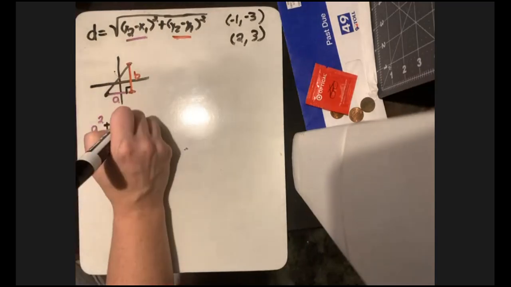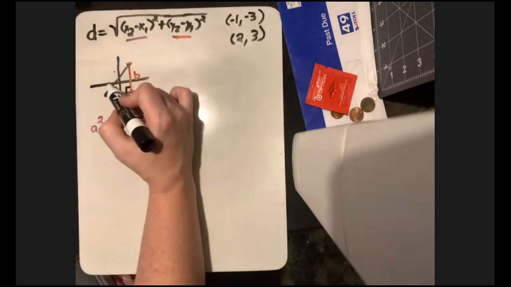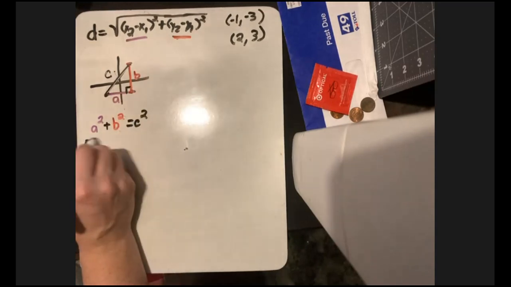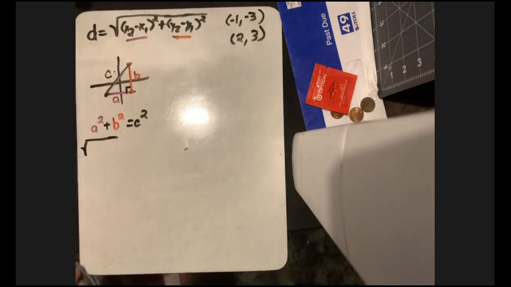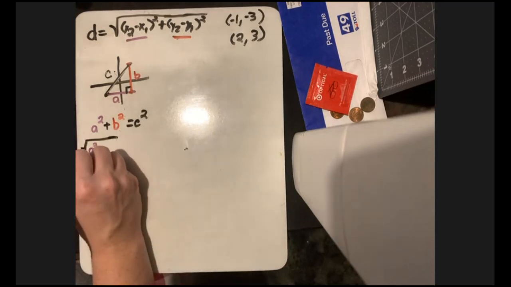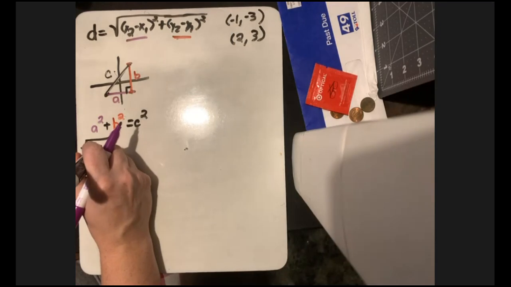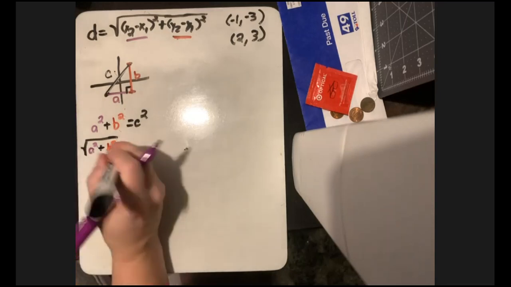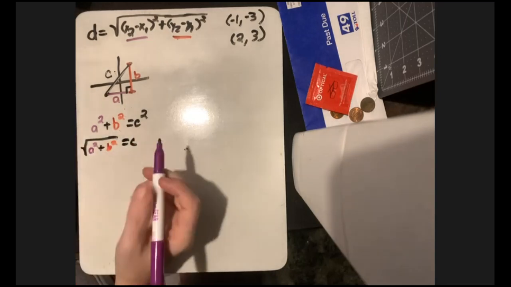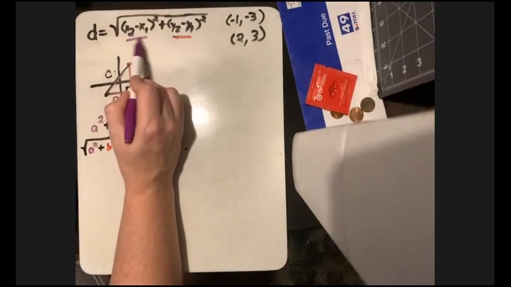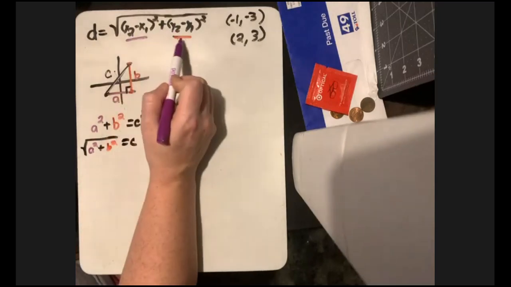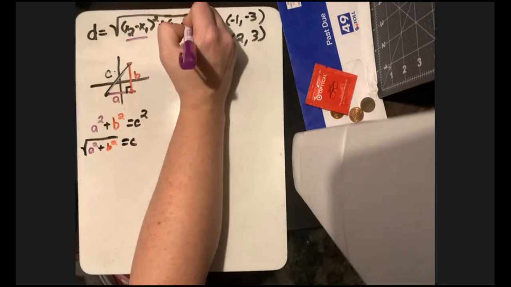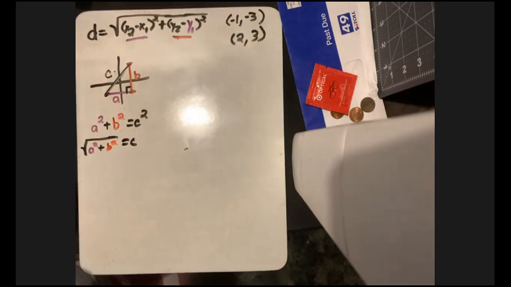Now that's going to equal c squared, but I don't want c squared, I only want c. So the way that we would handle that is I would have the square root of a squared plus b squared equals c. Again, a could be found by subtracting the x's and b could be found by subtracting the y's. That is a really bad y1. I'm sorry, y'all. That's a y1 up there.